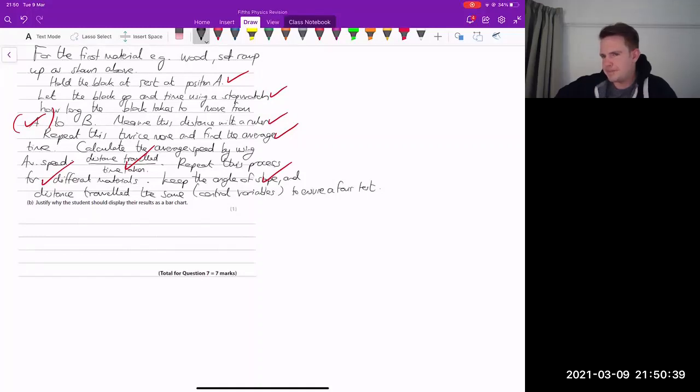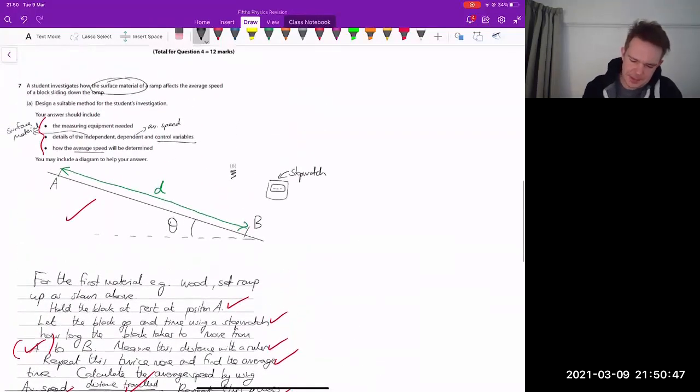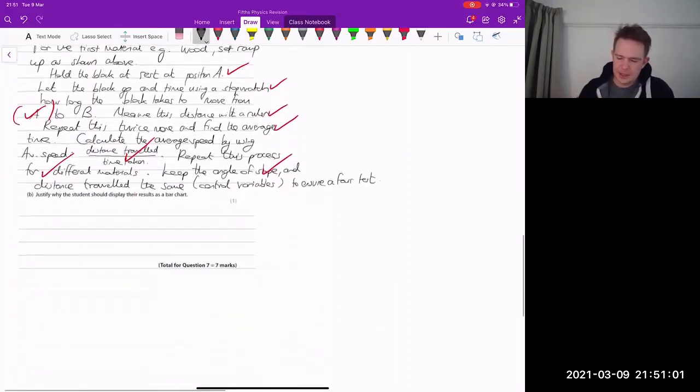Okay. Hopefully you've had a go. The reason is that the independent variable, the one that we're controlling, the surface material, is what I'd call a categoric variable. It's not numerical, it's not discrete or continuous.